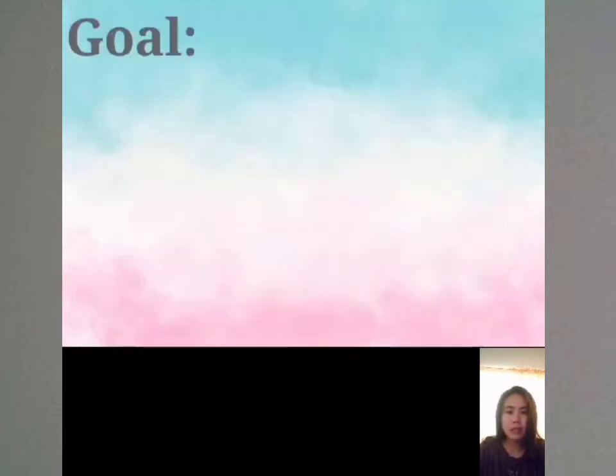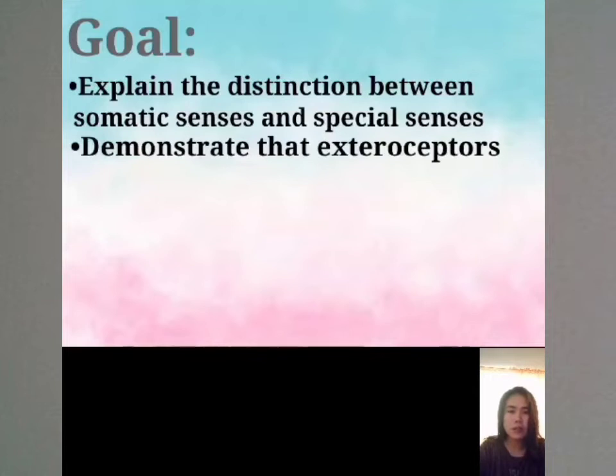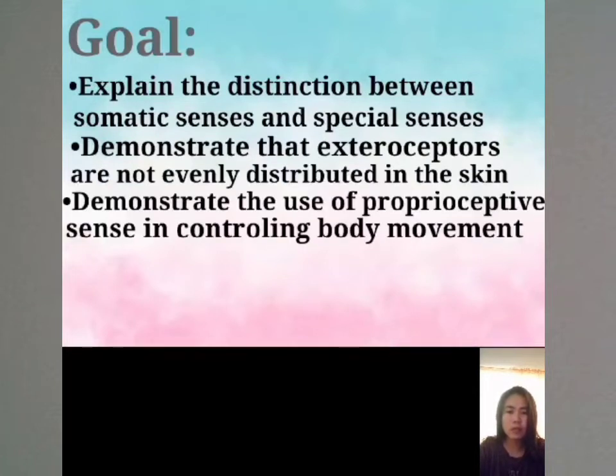The goal in this discussion is to explain the distinction between somatic senses and special senses, demonstrate the use of the proprioceptive sense in controlling body movement, and demonstrate that exteroceptors are not evenly distributed in the skin.